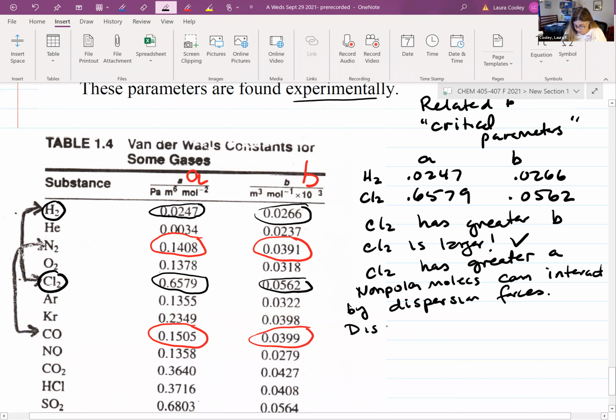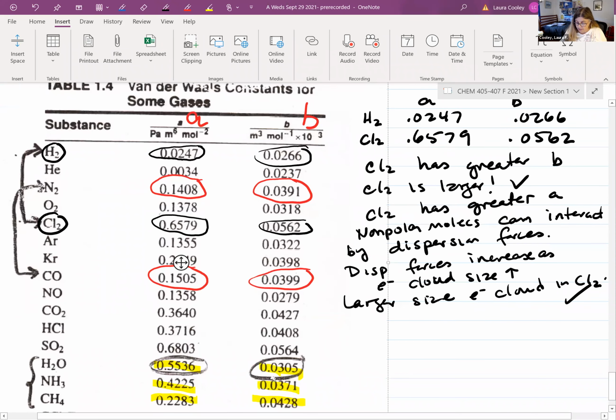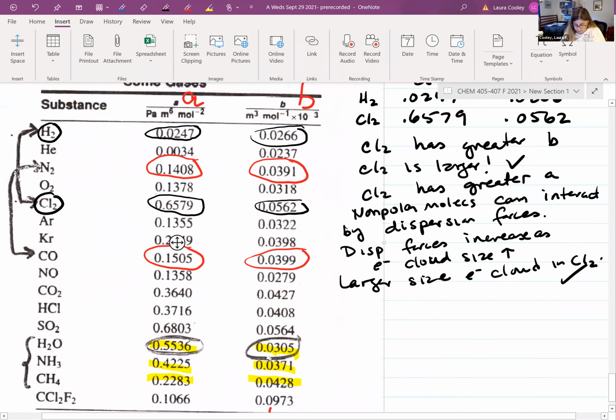And dispersion forces increase as electron cloud size increases. And you certainly have a larger size of electron cloud in Cl2 than you do in H2. So that makes sense if you have a greater A value for chlorine.